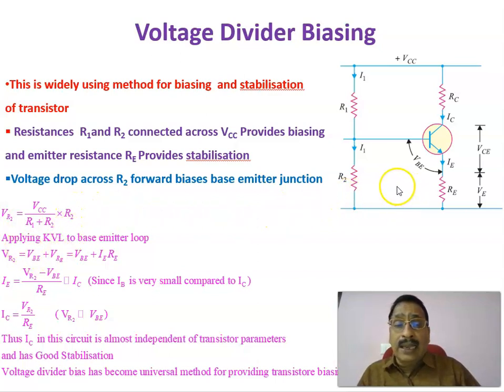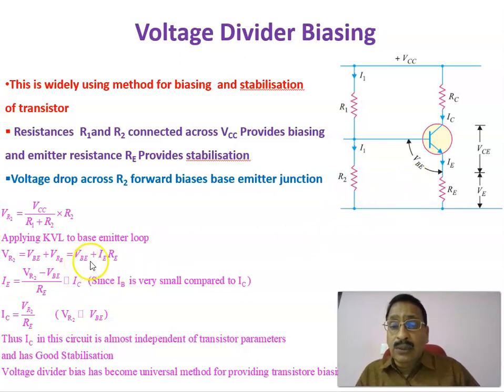And applying Kirchhoff's voltage law to this loop, VR2 equal to VBE plus the drop across RE, that is IE into RE, which is VRE.